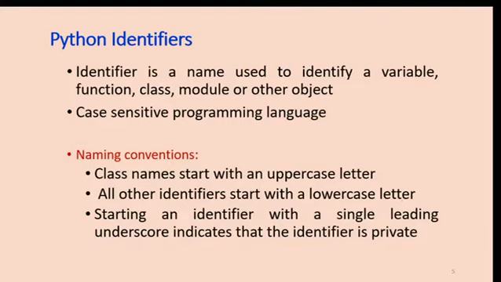No blank space is allowed. Only underscore is allowed. Other than that, we have to combine the two words. And if we see any variable that starts with a single underscore, it means that its access specifier is private. It's a private variable and its access is only within the block in which it is defined.